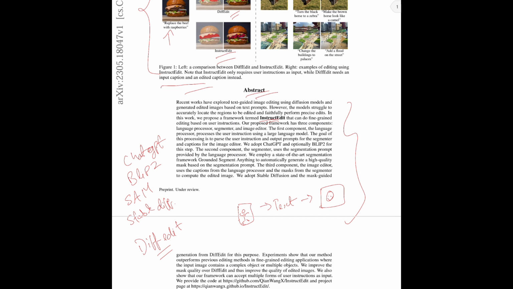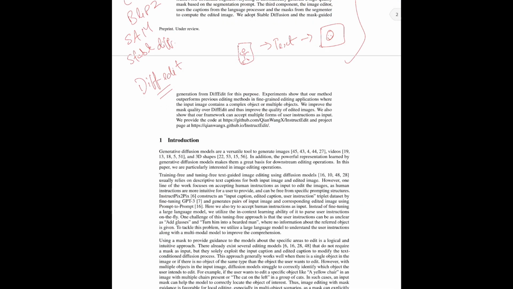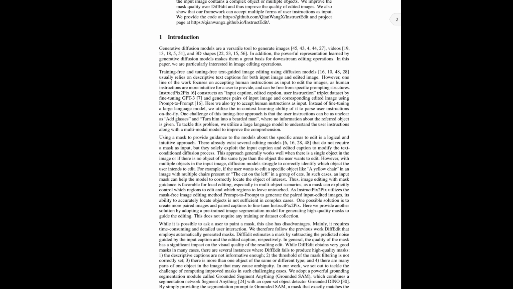So this particular paper is trying to somehow improve on that. That's what I got to know from this abstract. This sounds interesting, so we will read on to find what else we can know.